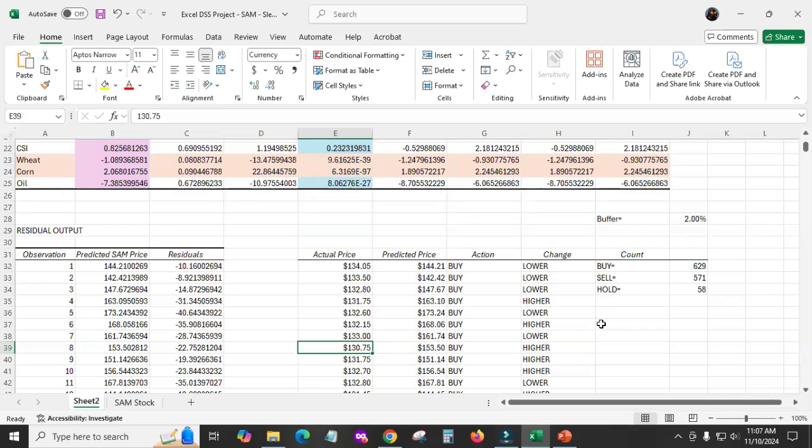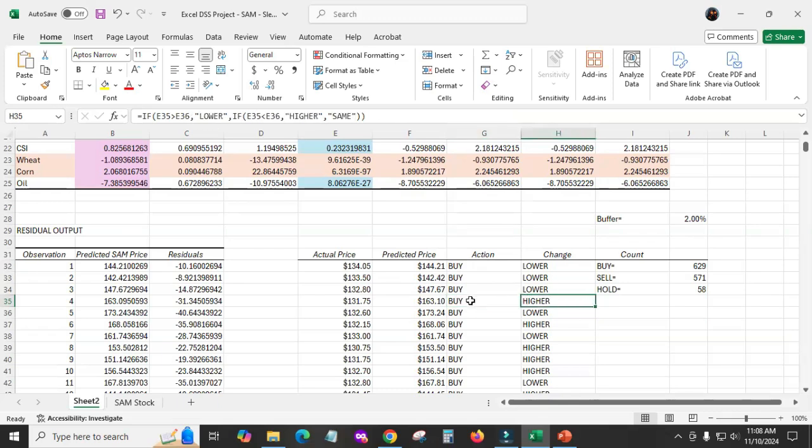I'll give you an example. If buy and higher happen at the same time, that is a true statement. We want to give ourselves a point. If buy and lower happens, that's a false statement. We don't like that. We're going to get no points for that. So a true statement would be buy and higher.